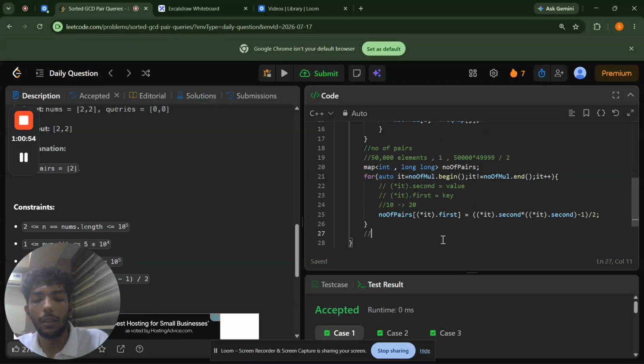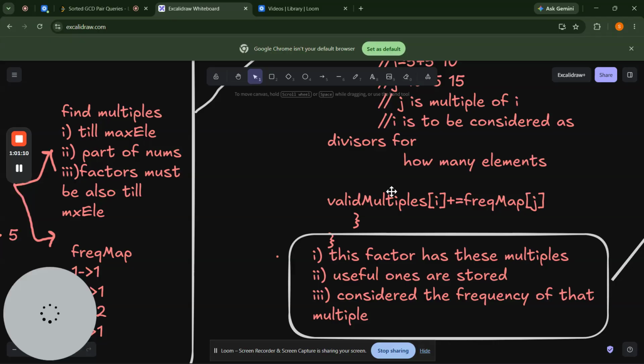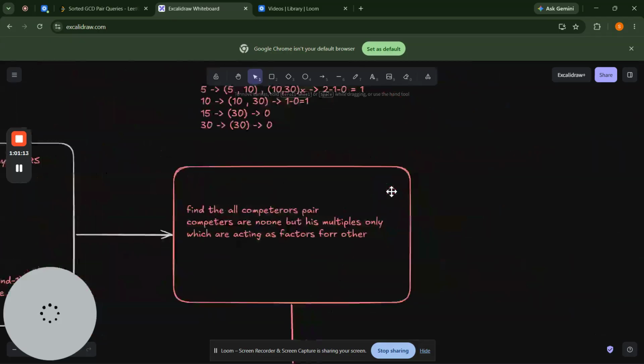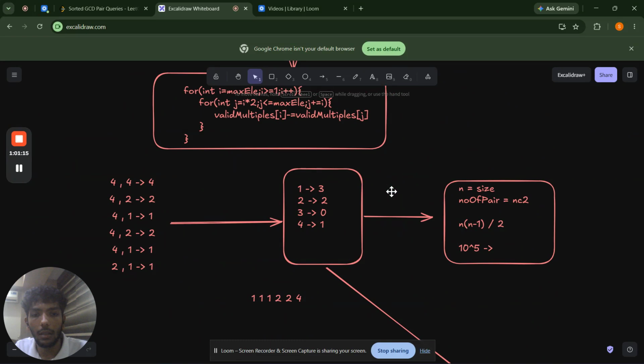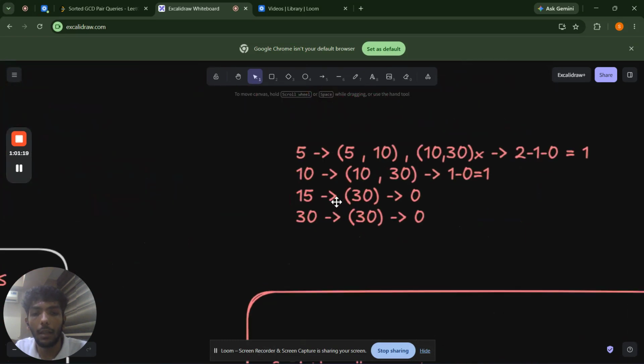Okay. Now get the count of valid GCD pairs. Now what we want is, we'll start from the back as we have discussed. If we start from 5, we need to calculate for 10, then 15, 30, and then come backwards and then store it in 5.